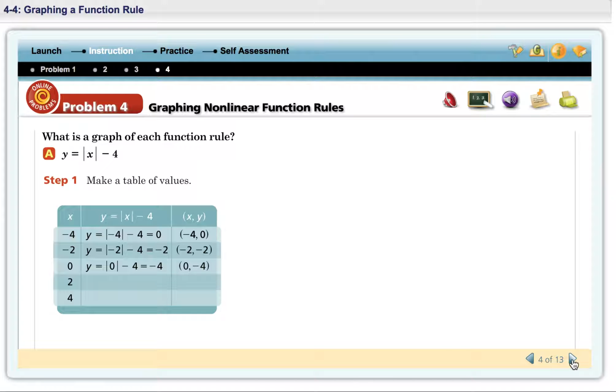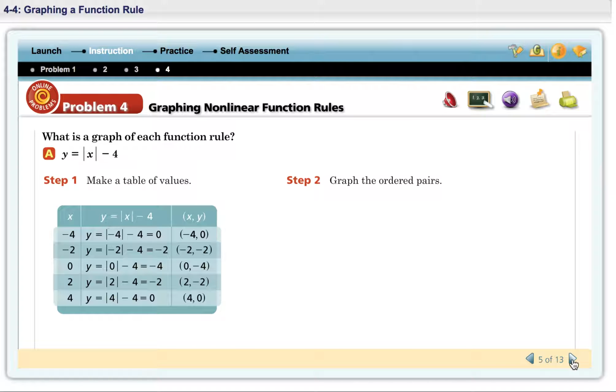When x is 0, y equals negative 4. When x is 2, y equals negative 2. And when x is 4, y equals 0.